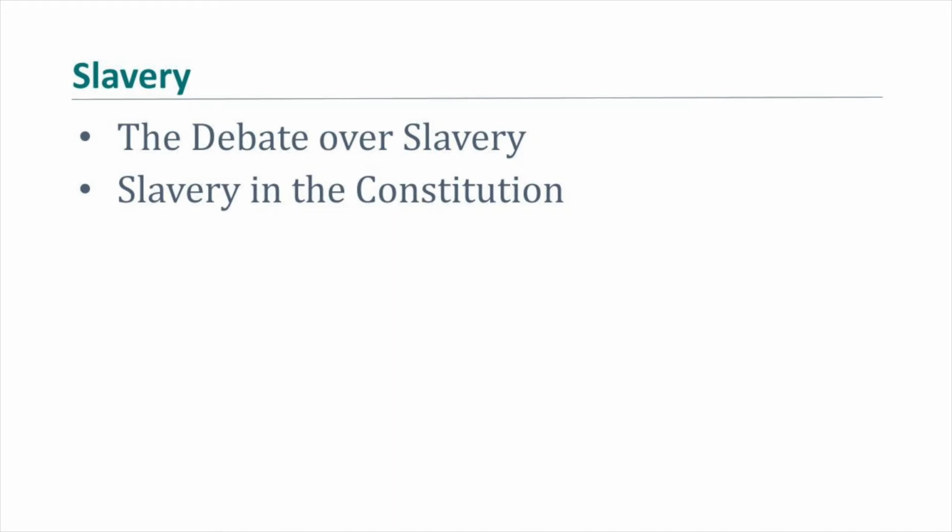The Constitution allowed the importation of slaves to continue until 1808, when Congress prohibited it. But by then, 170,000 more slaves had been brought to the United States, more than 1/4 of all the slaves carried to the country since 1700.